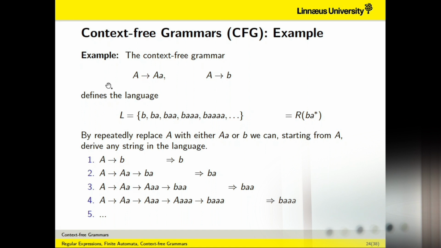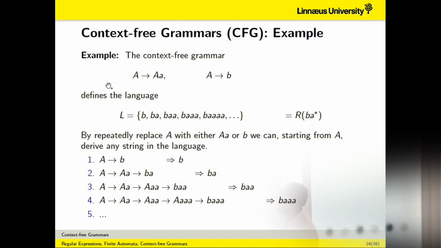Again, I can replace this A with B, but I can also replace this A with the whole rule again, AA, and then replace that A with itself, and I get more words. In this way, we get infinite words.